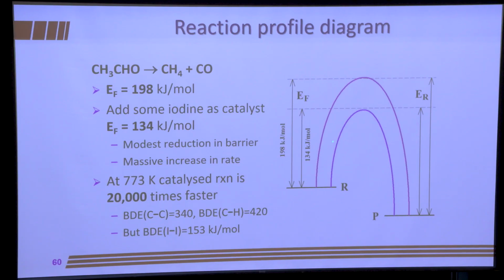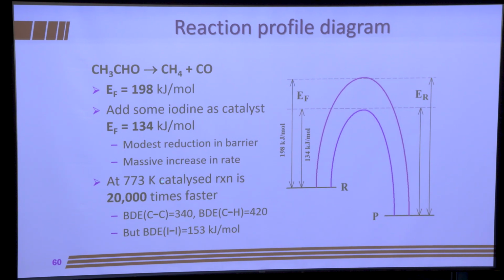But actually, if we look at it, initially, for this reaction to occur, the energy barrier is 198 kilojoules per mole, okay? But if we add some iodine as a catalyst, it lowers the activation energy to 134 kilojoules per mole. So it follows the blue curve, not the magenta curve, right? So why is that? So there's a modest reduction in the energy barrier. Well, it's not modest, it's 64 kilojoules per mole, right? But there's a massive increase in the rate of reaction.